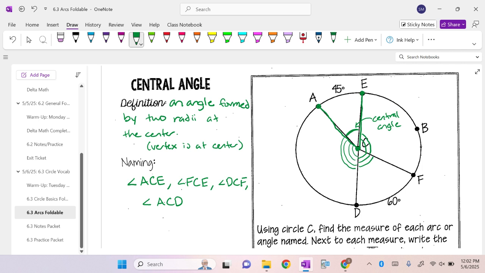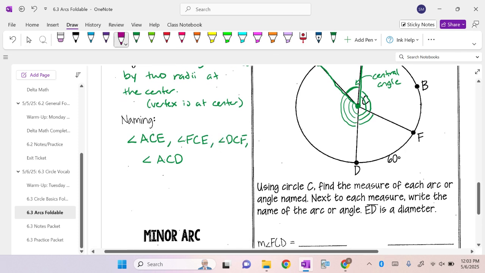Now, with central angles, here's what is fantabulous about them. The arc formed by central angles is congruent. So the arc formed by the central angle, the bow connected to the string or the ice cream connected to the cone, that is called our intercepted arc. And what that means is that if our central angle is a specific degree, it is congruent to the measure of our intercepted arc.